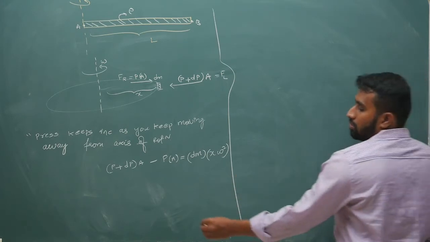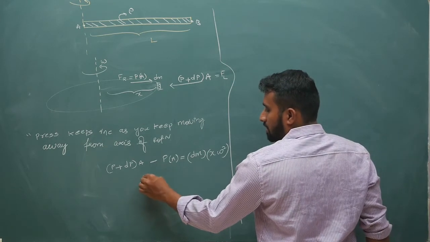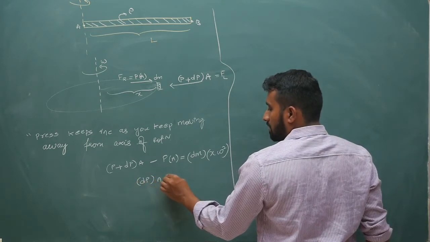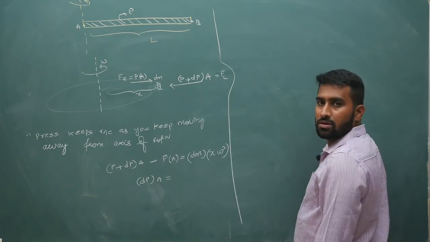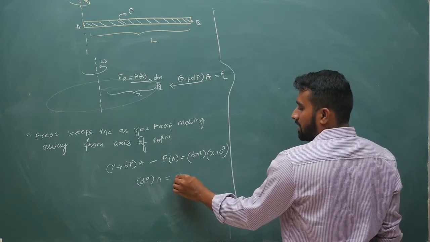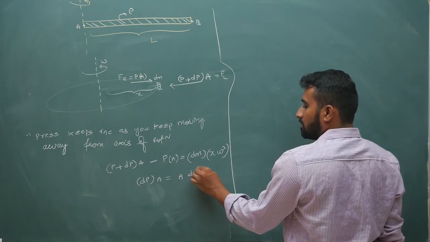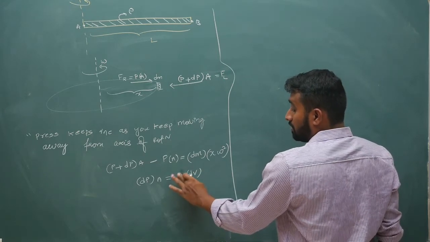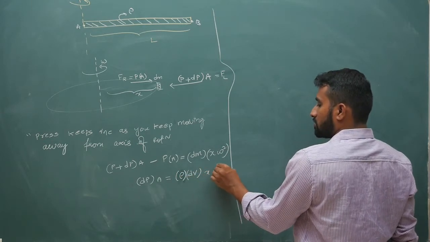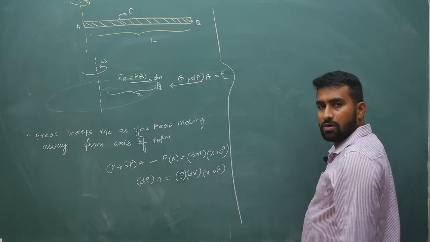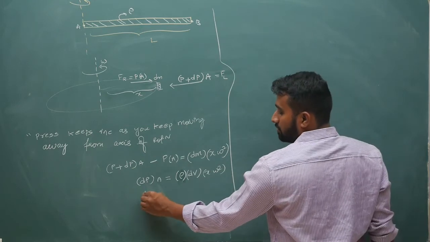So dP into A is equal to dm. Mass is volume into density, so rho times dV into x omega square. But what is dV? Area into dx.